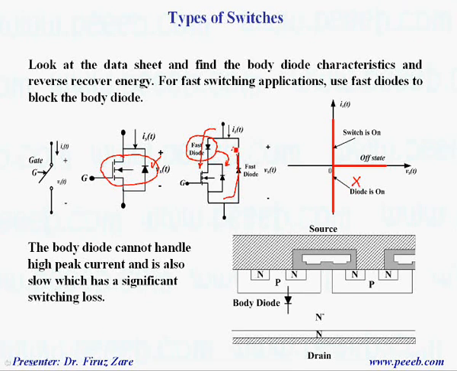So in this case, we can use this type of MOSFET with two fast diodes in this configuration, which gives these operating points, operating in this quadrant, blocking positive voltage, conducting positive current, or blocking positive voltage and conducting negative current.